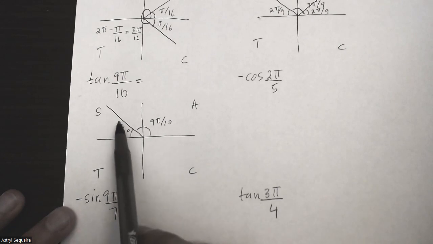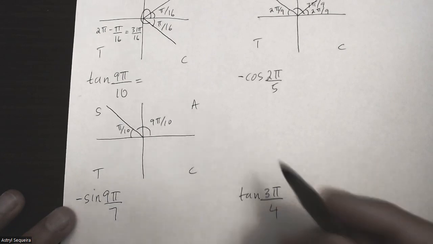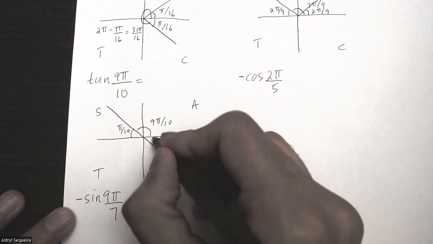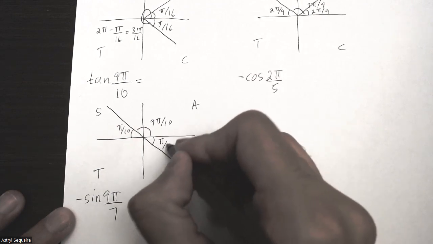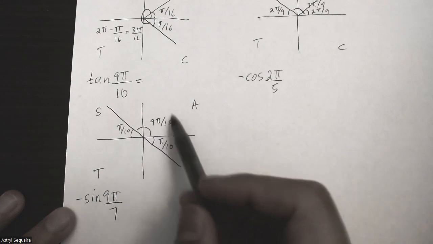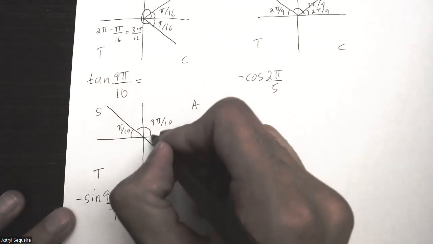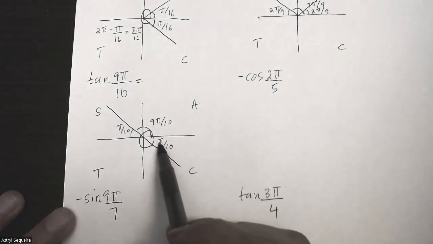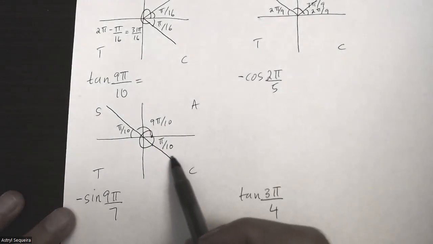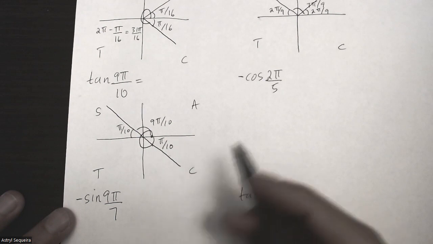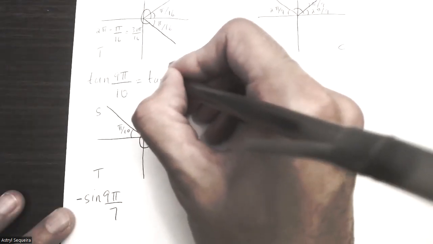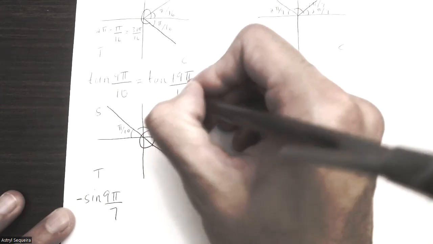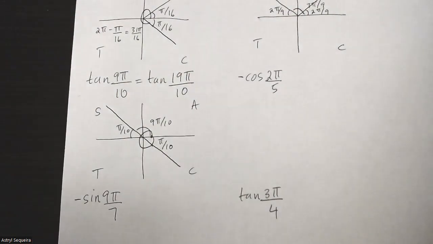And then I know tan is negative in this quadrant. Tan is also negative in this quadrant over here. Same acute angle. So then the principal angle in this case is going to be 2 pi minus pi over 10. And that's just 19 pi over 10. So tan of 9 pi over 10 is the exact same as tan of 19 pi over 10.